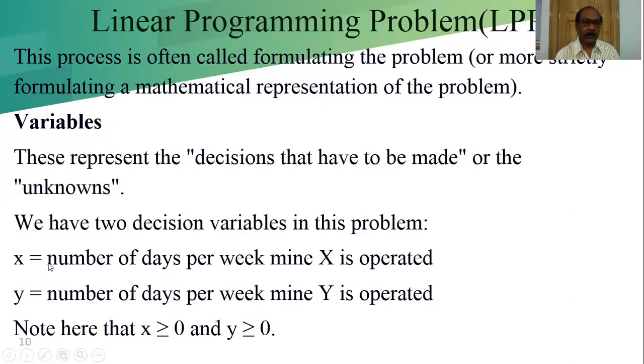Let x be the number of days per week mine X is operated, and y the number of days per week mine Y is operated, and both are real. The number of days can never be negative, so both x and y are greater than or equal to 0, and they should satisfy the non-negativity conditions. These are the non-negativity conditions: x greater than or equal to 0 and y greater than or equal to 0.